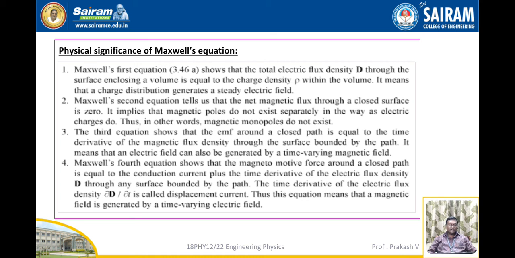Maxwell's fourth equation shows that the magnetomotive force around a closed path is equal to the conduction current plus the time derivative of the electric flux density D through any surface bounded by the path. The time derivative of the electric flux density, dou D by dou T, is called displacement current. Thus, this equation means that a magnetic field is generated by a time varying electric field.